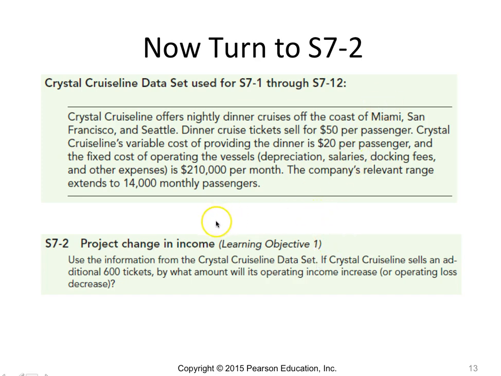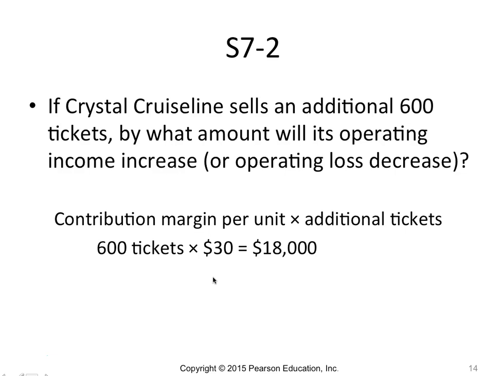No matter how much they have, they simply increase by 600 tickets, and it doesn't matter how many they sell. Actually, they sell 14, so that doesn't really matter too much. But anyway, that can be done fairly simply.